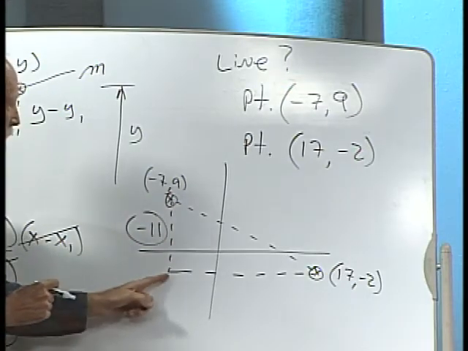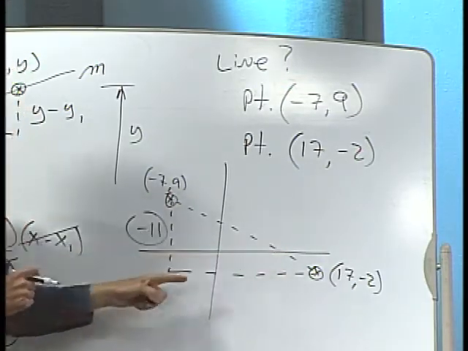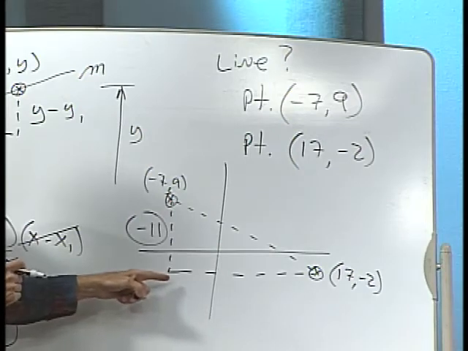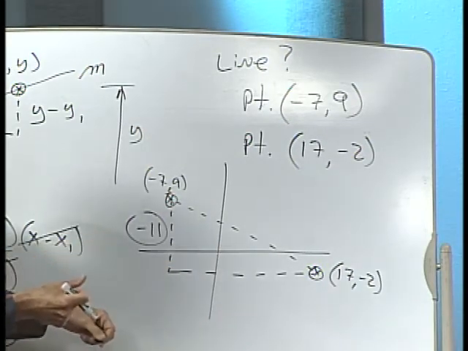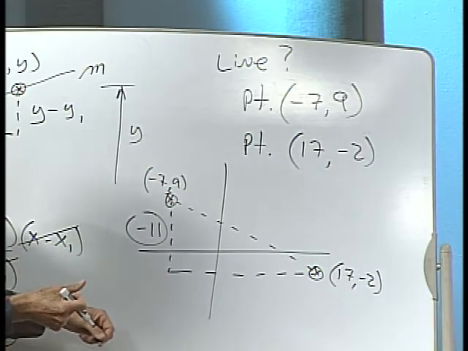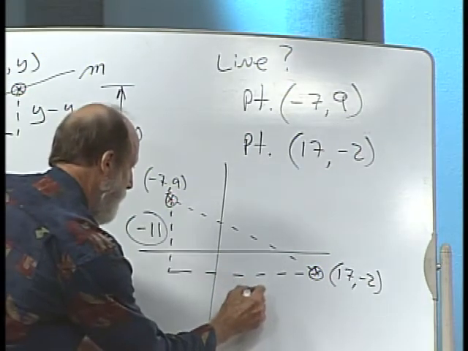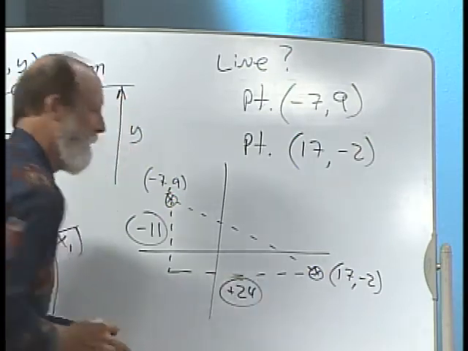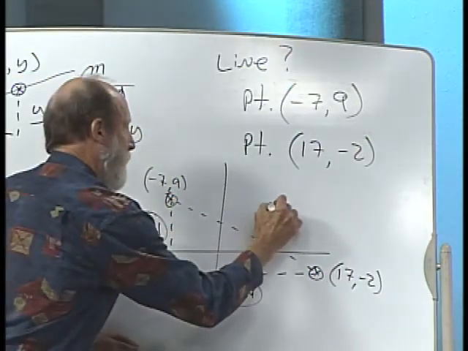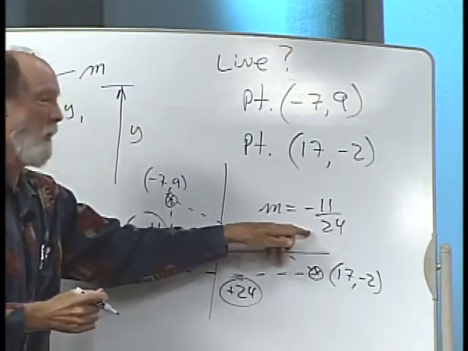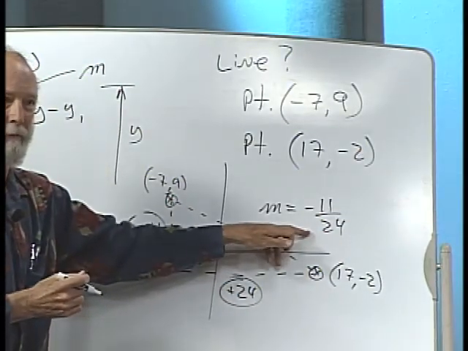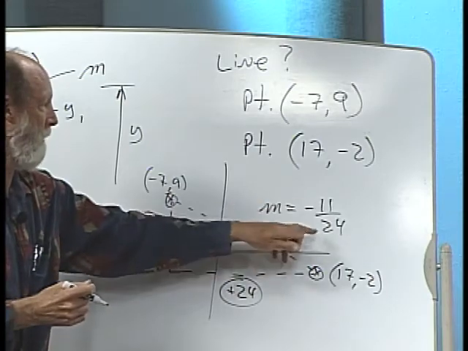And we're going to run positive x. How much? Arithmetic. 17 and 7, 24. Okay, positive, right? So we have our slope is negative 11/24. Is that reducible? No. Prime number 11 does not go into 24.